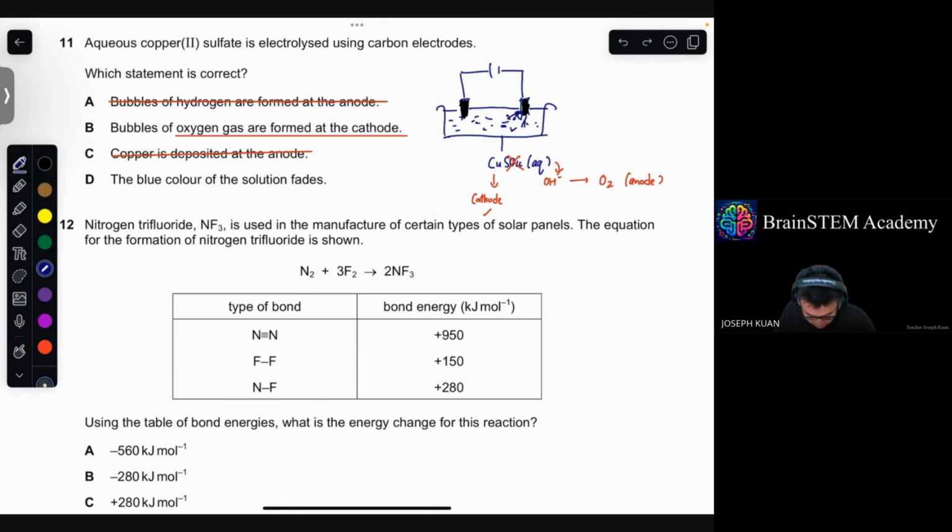Allow me to use the correct color, which is brown. Copper gets deposited around the cathode. Okay, and as a result of that, because you're essentially sucking out the copper 2 ions from the solution, the blue color of the solution actually fades. Okay, so answer is D.